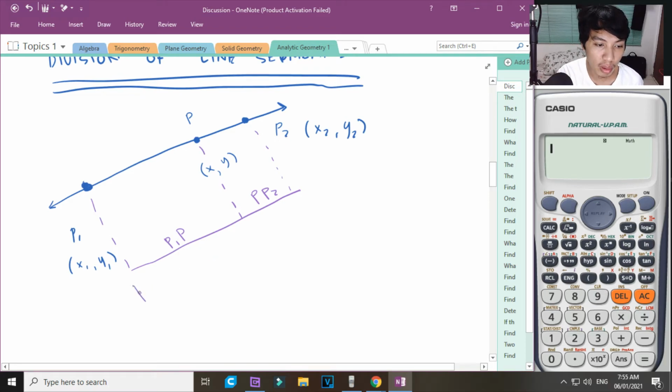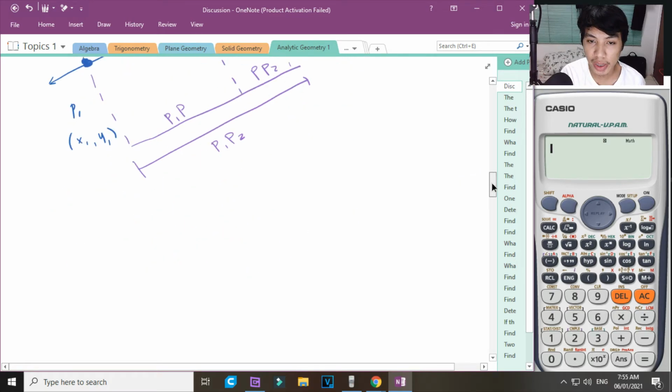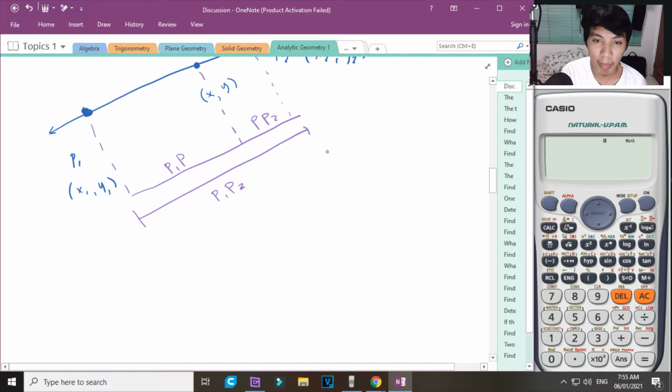Pero itong buo, tandaan mo, this is P1 and P2. Pwede mong gawin dyan is simply yung part over whole. Okay? Part over whole. So, P1, P over P1, P2.